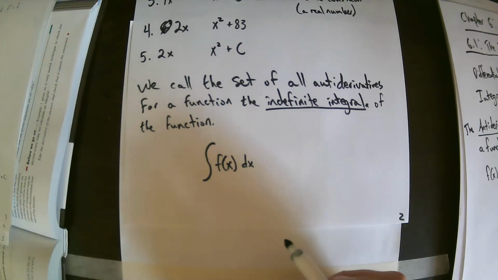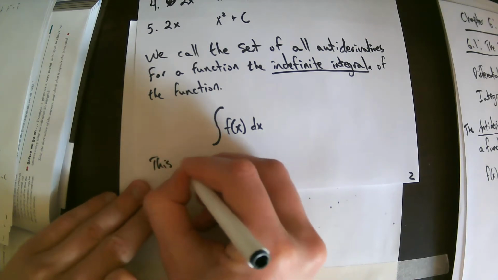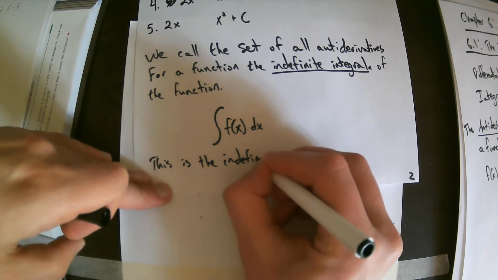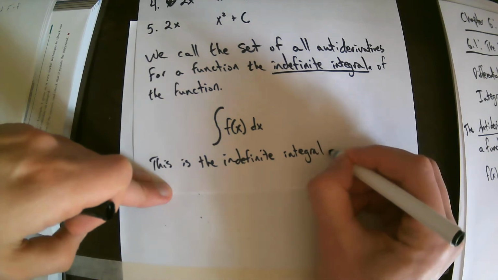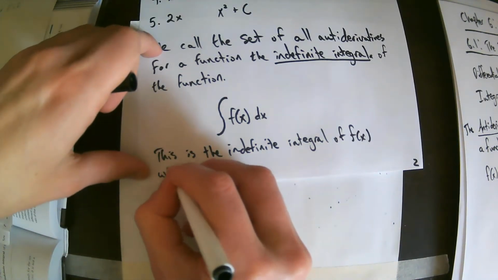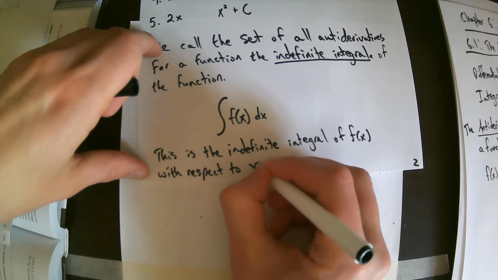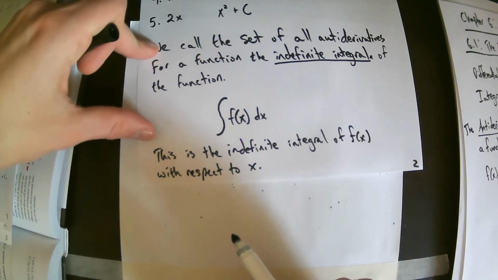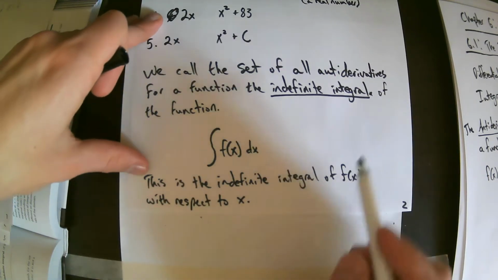So this is read as the indefinite integral of the function f of x with respect to x. This is the set of all antiderivatives. The indefinite integral of a function is the set of all antiderivatives for that function.